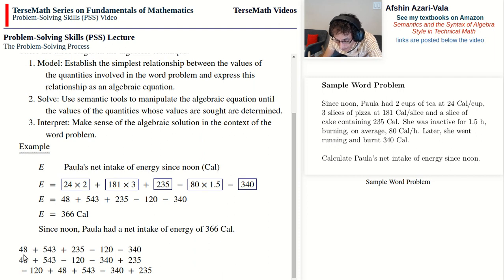Take a look. We have a gain of 48, gain of 48, a gain of 48. We have a gain of 543, a gain of 543, same thing here. A gain of 235 stays a gain of 235 and stays a gain of 235. A loss of 120 stays a loss of 120, and here it's a loss of 120, and same thing with the 340.